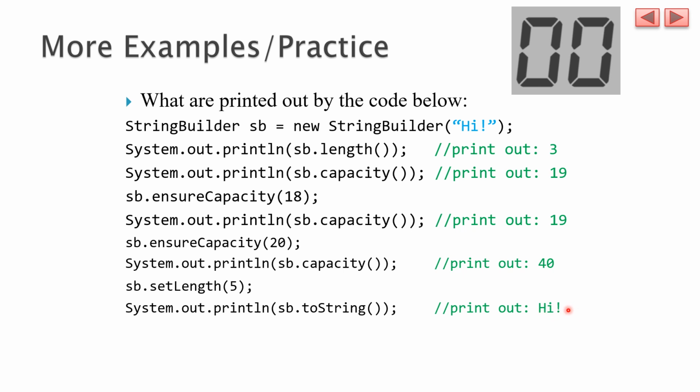It still prints out hi, but the string has 5 characters. The last 2 characters are null characters, which are non-printable, so you don't see them when it is printed out. But the string content that the object sb has after this setLength call consists of 5 characters, including the 2 null characters at the end.